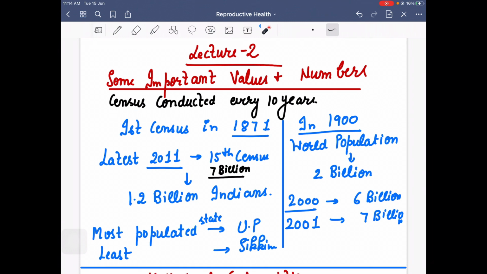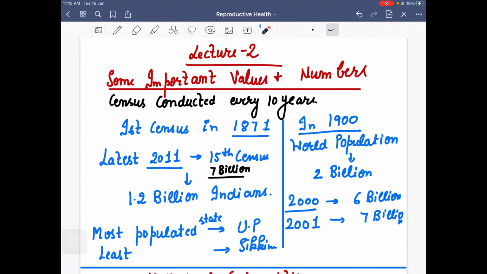And when the 2011 census was held, it was said that out of 7 billion, 1.2 billion was the Indian population. So at that time we realized that the population is exploding in India. The most populated state is our UP, and the least populated state is Sikkim, right?